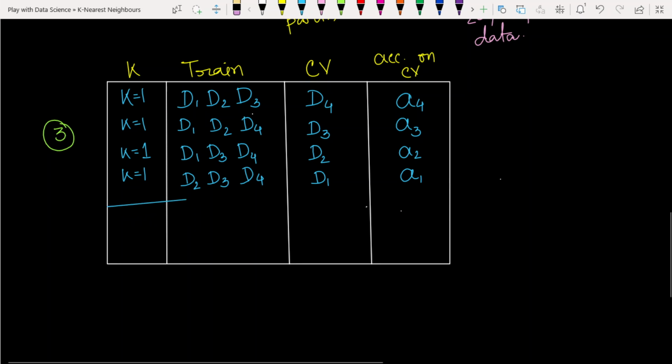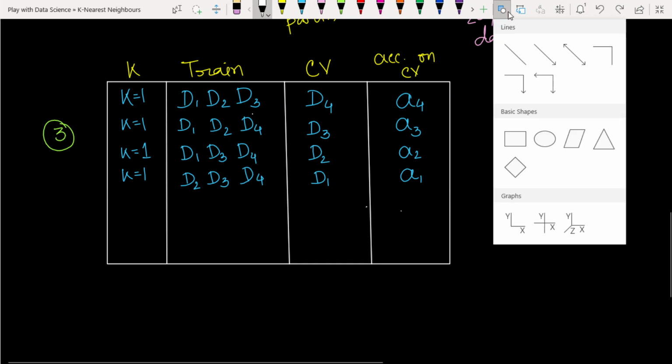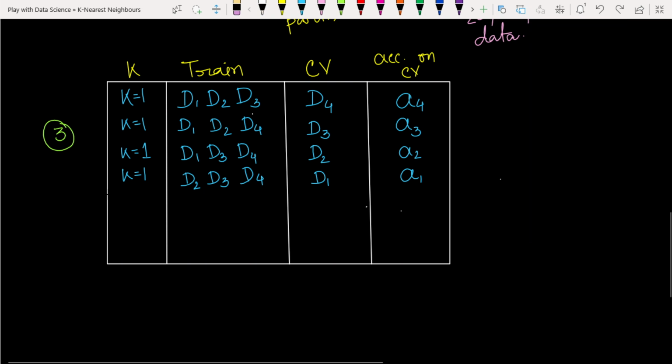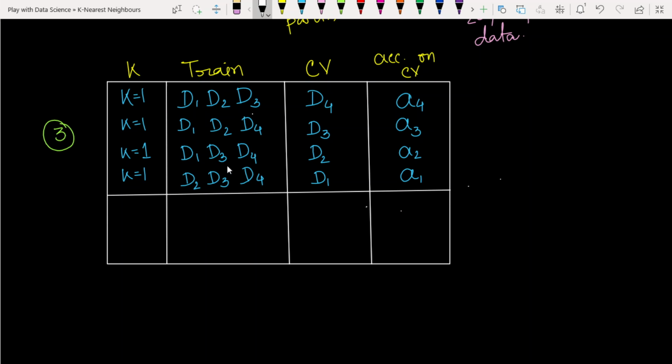So we have considered all the points. Okay, I think you will understand how we compute this table.